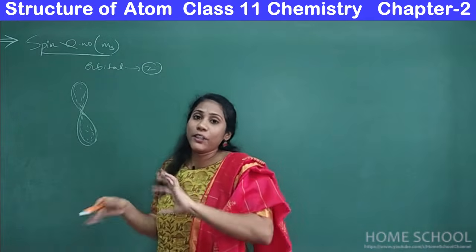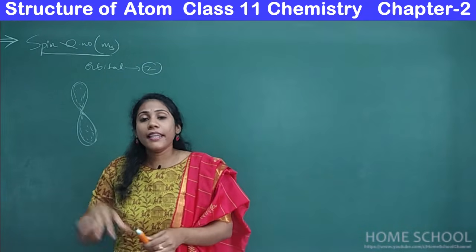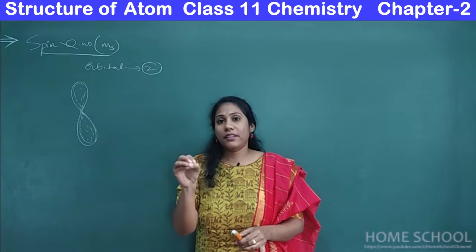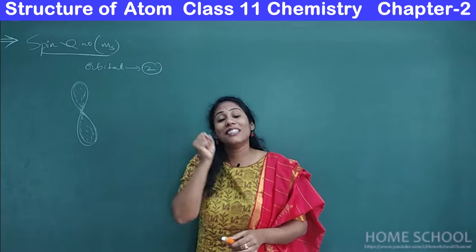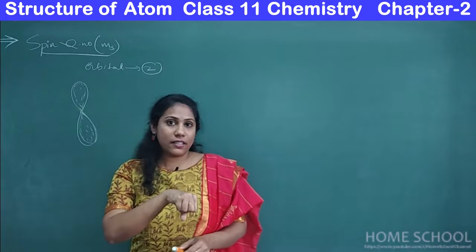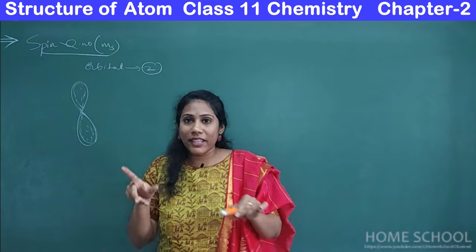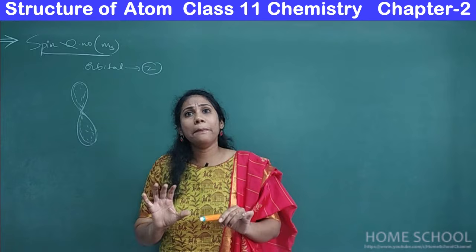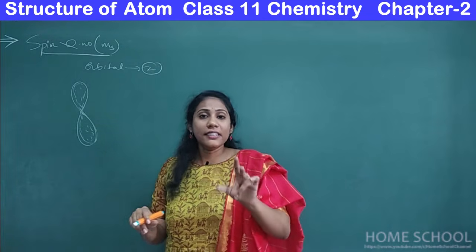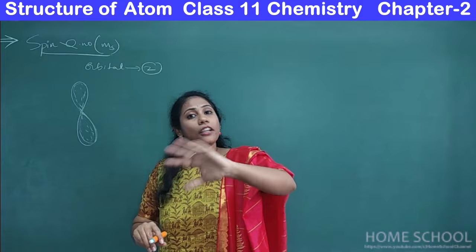But how do they rotate? Say if one rotates in a clockwise spin, the other rotates in an anti-clockwise spin. You know what? An electron can rotate in 2 possible ways. For example, our Earth's rotations are of 2 types.